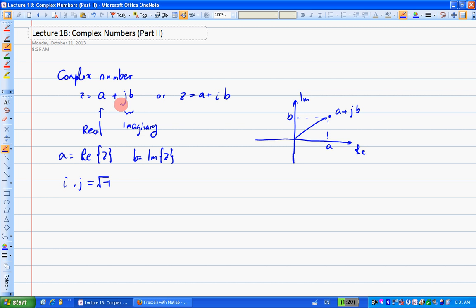Okay, so complex number, basically, according to our notation, it's a plus jb or a plus ib. And a here is called the real part, and b here is called the imaginary part. The notation i or j are essentially the square root of -1.